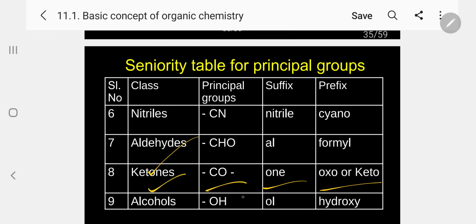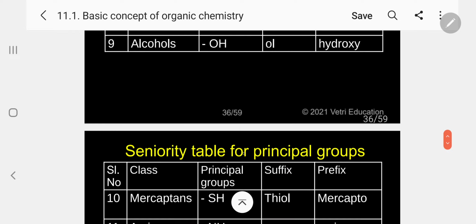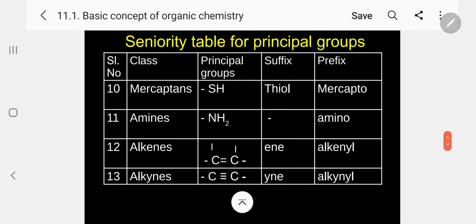Alcohols, OH, OL, then hydroxy. Then mercaptans, SH, thiol, mercapto. Amines, NH2, there is no suffix, only prefix amino. But in rare cases, for the primary members we can use amine, methylamine, ethylamine.